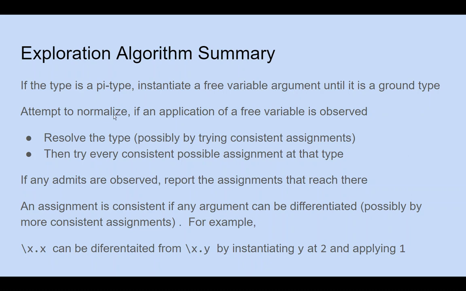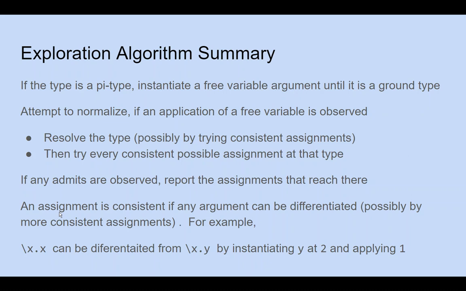And in the course of normalizing, if there's a branch where a free variable needs to decide its behavior, first we're going to resolve the type, possibly by filling in the free variables in the type. Then we're going to try every consistent possible assignment at that type. And if any admits are observed, then we're going to jump out of this and report all the assignments we made.